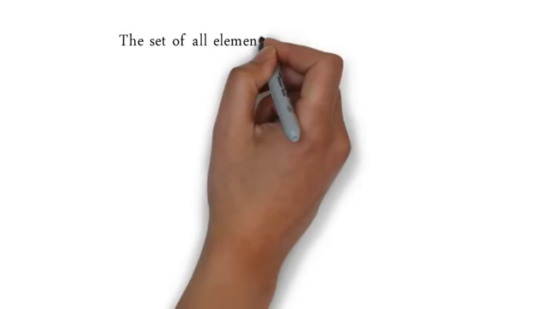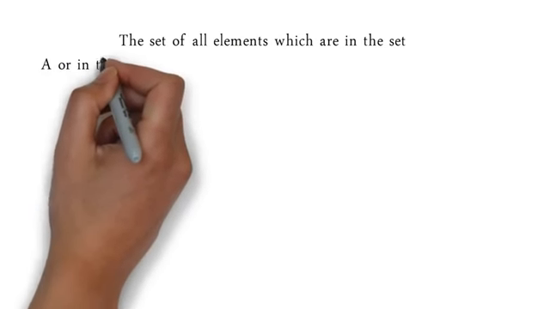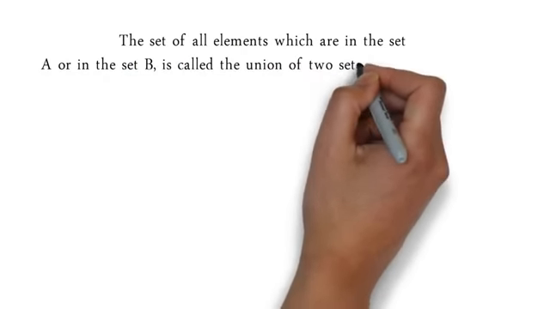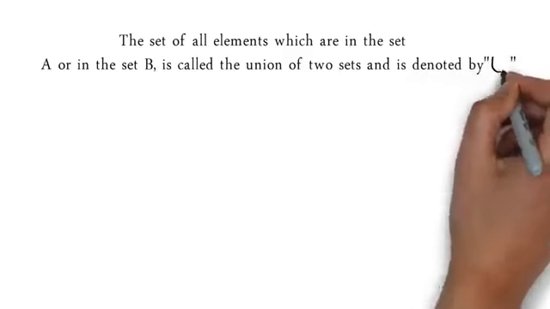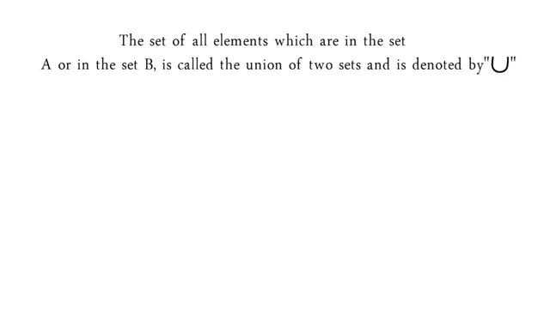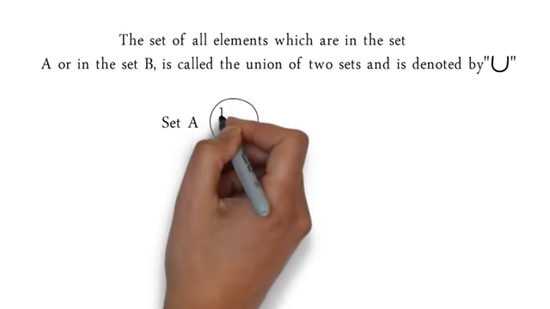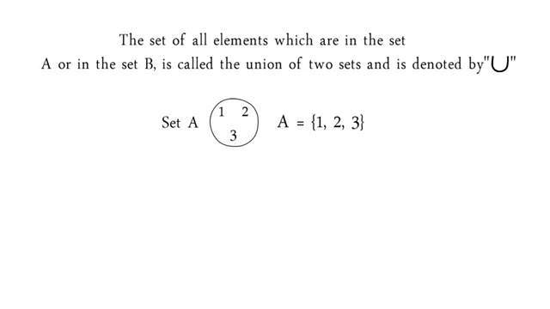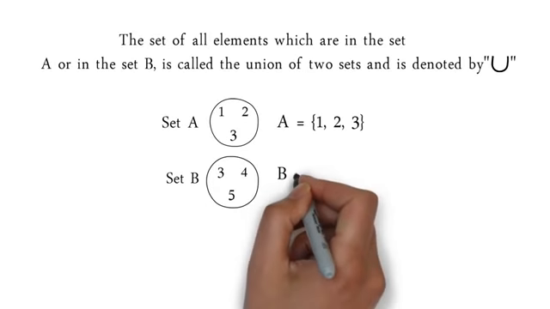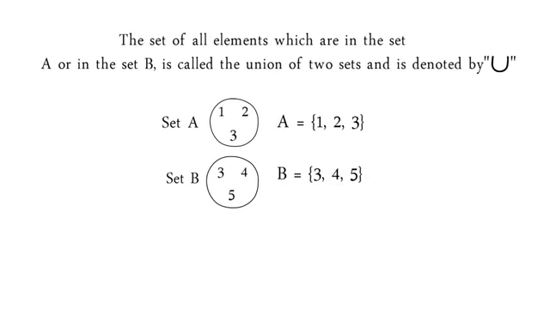Union of sets. Let A and B be two given sets, then the set of all elements which are in the set A or in the set B is called the union of two sets and is denoted by A union B and read as A union B. A union B is equal to all elements of X such that X belongs to A or X belongs to B. For example, set A with elements 1, 2 and 3, set B with elements 3, 4 and 5.